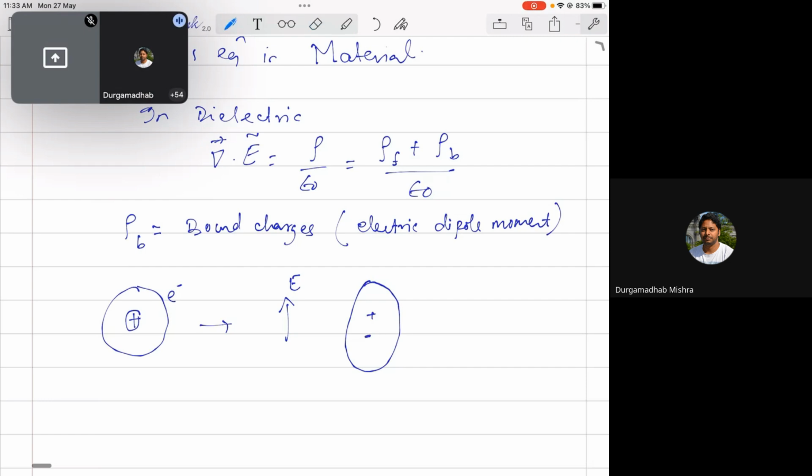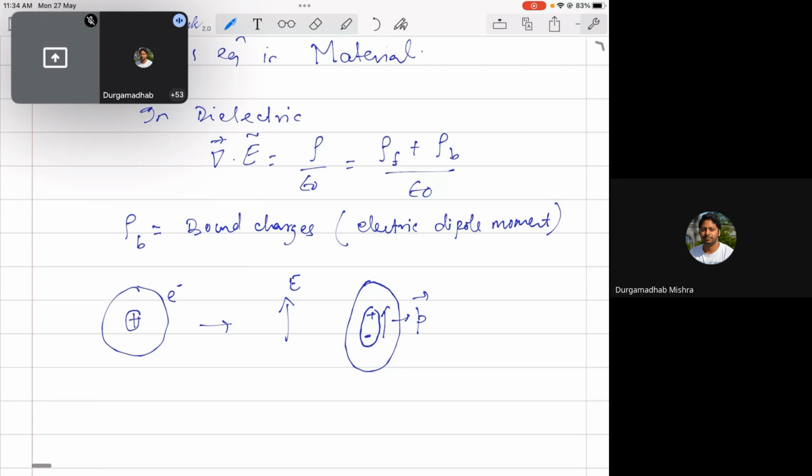The charge center will be displaced, which will create a dipole moment p. And due to this dipole moment, on the atomic scale, you have some charges. These are bound charges.